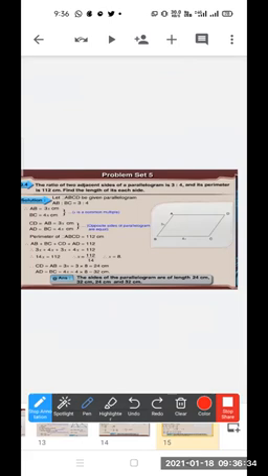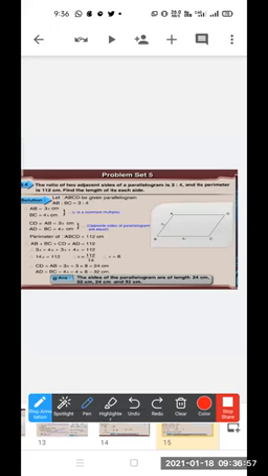What is given? The ratio of two adjacent sides of a parallelogram. A figure of a parallelogram is given, and the adjacent sides are given in the ratio 3:4, and the perimeter is given as 112 centimeters. We have to find the length of each side.